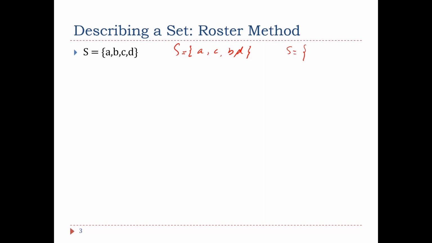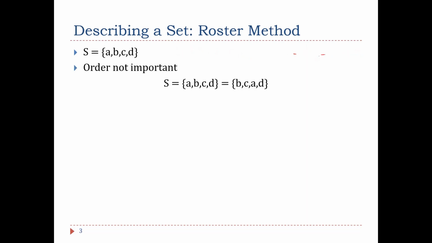So we could also say it's D, A, B, C. You can put any permutation of these elements and you still obtain the same set at the end. So in case you know all the elements and the set is finite, you can use this notation.